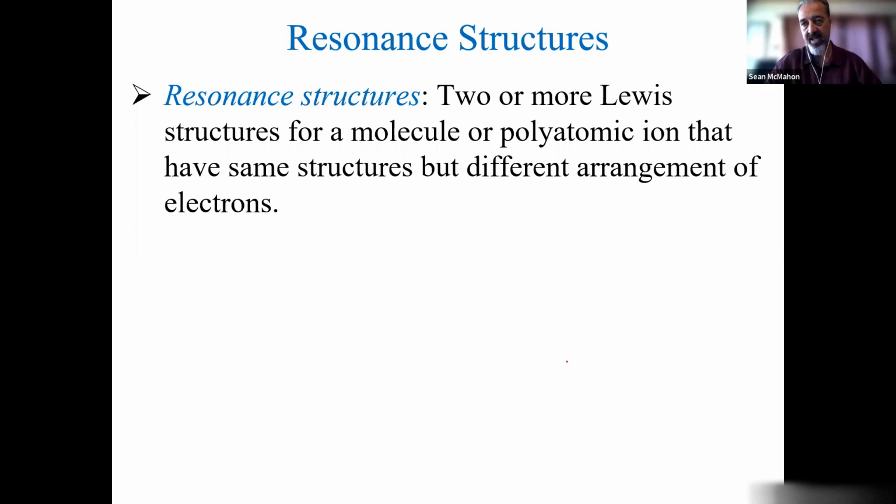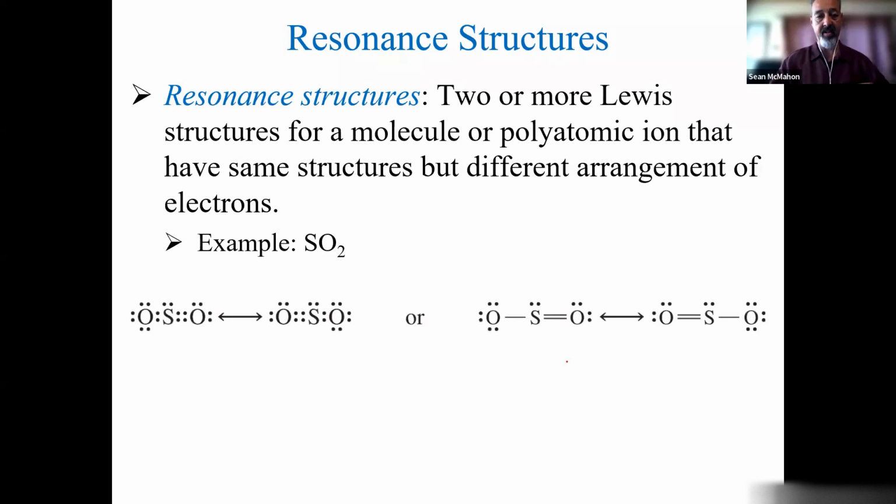They cannot show the full display of the bonds for particular molecules. What do I mean by that? Well, in some cases, I could actually draw the same molecule 2 different ways.